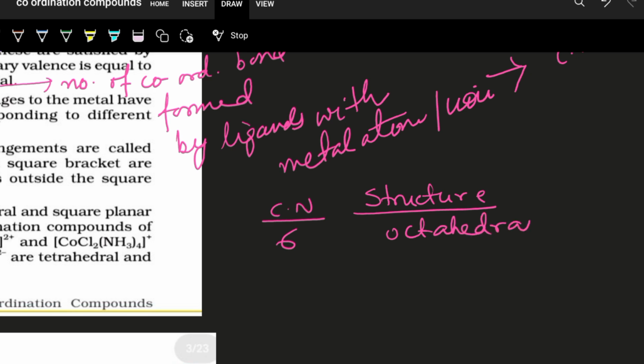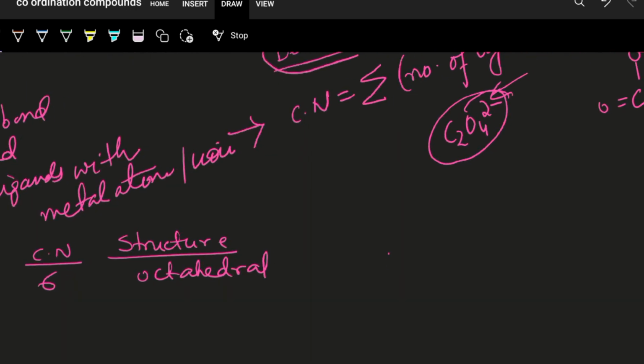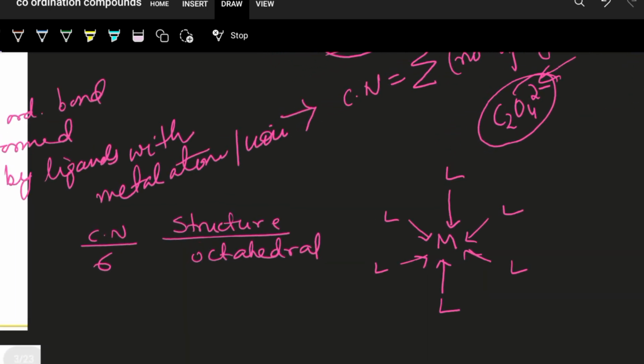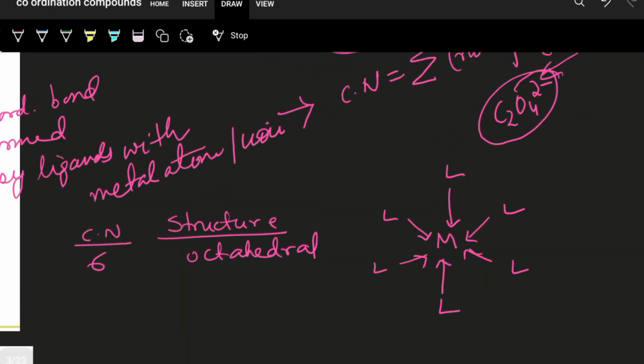And in an octahedral structure, you have a central metal atom and there are 6 ligands attached like this. So if I say the ligands are all coordinate bonded to the central metal atom, this is your octahedral structure. This is the coordination polyhedra of coordination number 6.